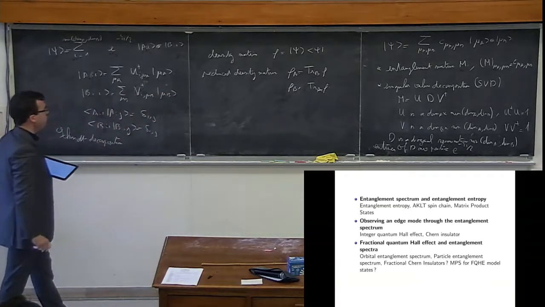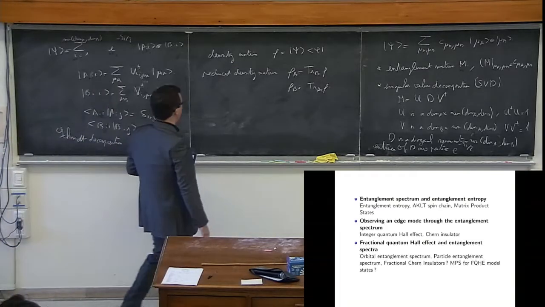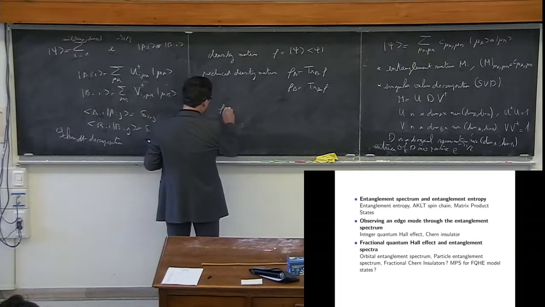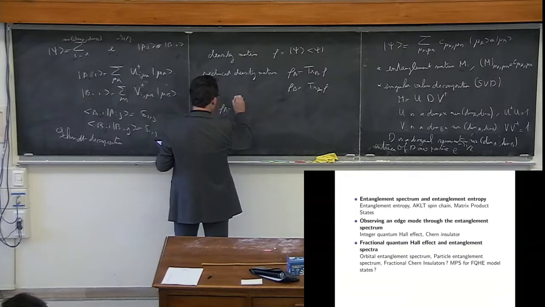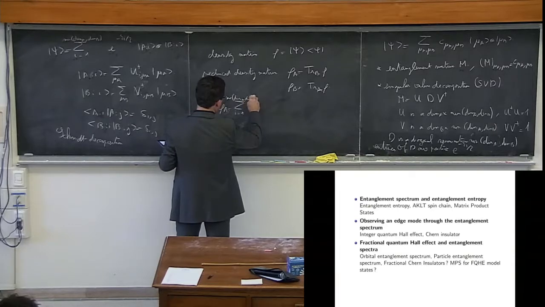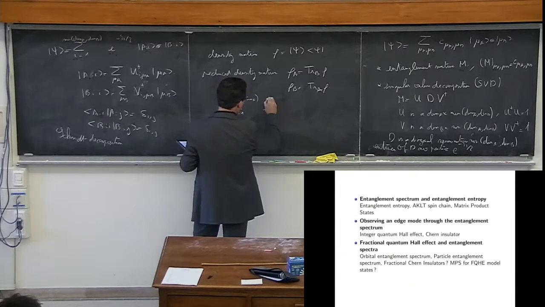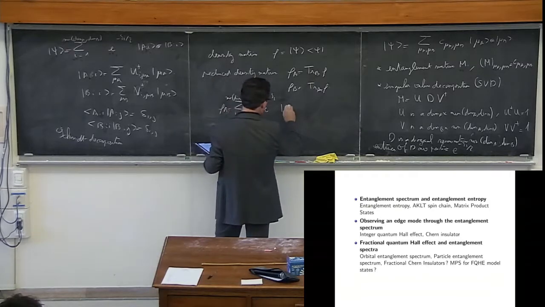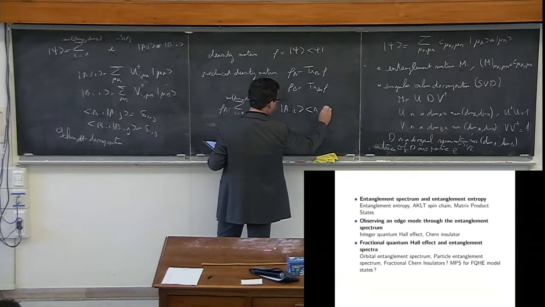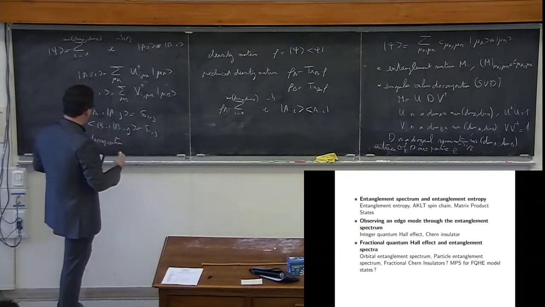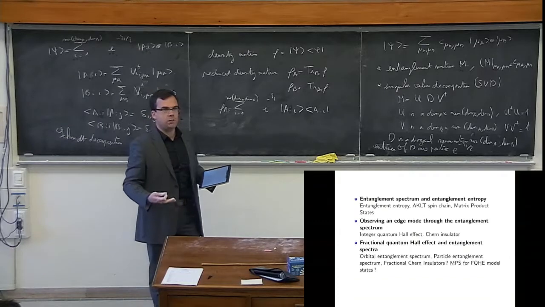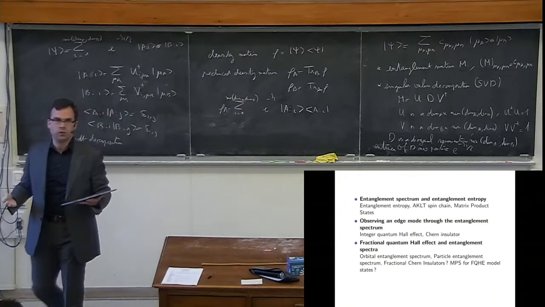So now using the Schmidt decomposition, we can actually rewrite this reduced density matrix in a very nice way. So it's just the sum over I, once again, I goes from 0 to min of dimension of A, dimension of B, exponential minus psi I, A I, A I. So with the state that you have from the Schmidt decomposition, the reduced density matrix rho A is already diagonal in this basis, right?